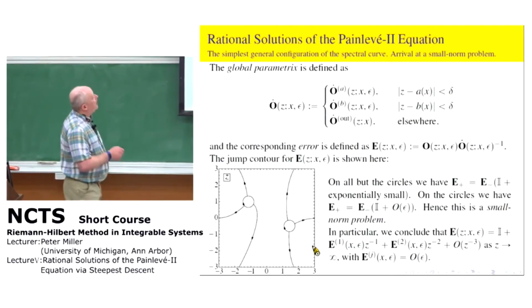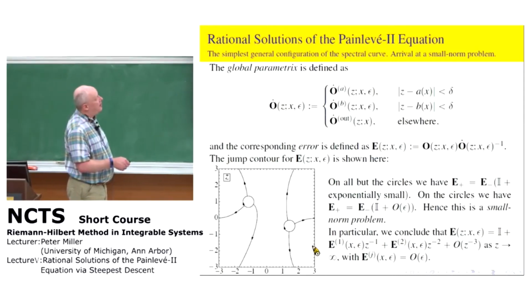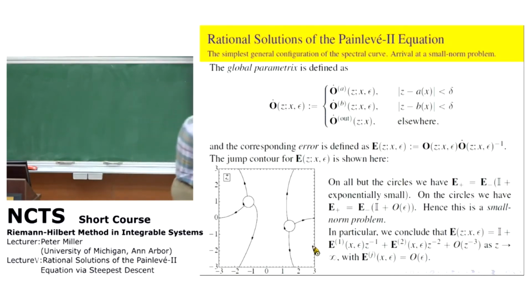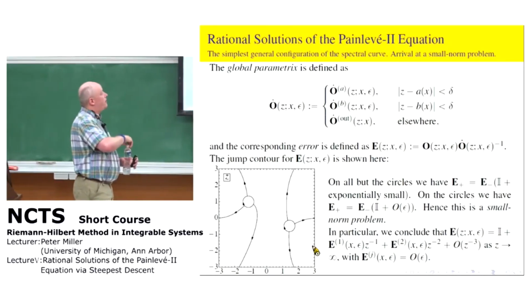Okay, so the global parametrix is just written by the piecewise formula: A and B inner parametrices in these disks near A and B, and the outer parametrix everywhere else. And so then the corresponding error in the problem is defined in the same way that we had in lecture 4.